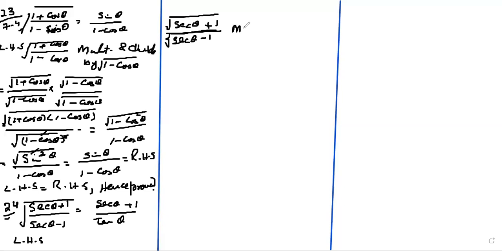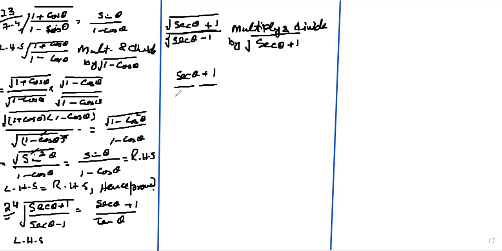Multiply and divide by secant theta minus 1. This is the minus 1, we will plus 1. Okay? And theta plus 1. Okay? So that we get the answer of numerator like that. It will become secant theta plus 1 divided by secant theta minus 1.